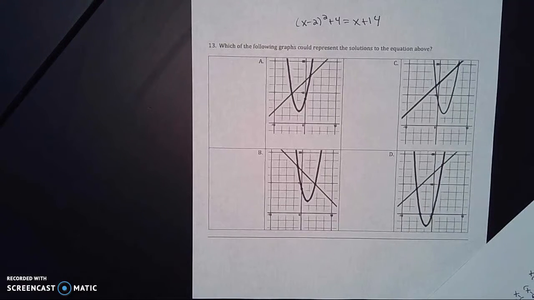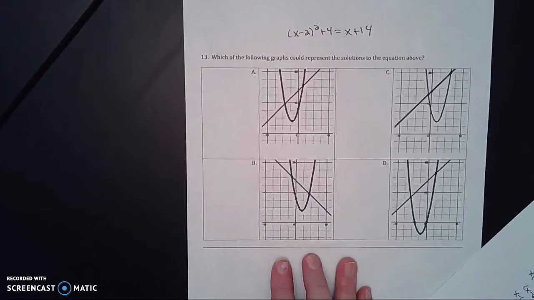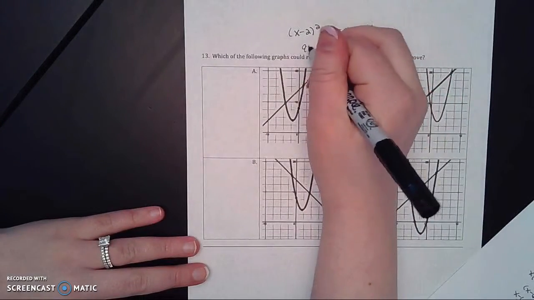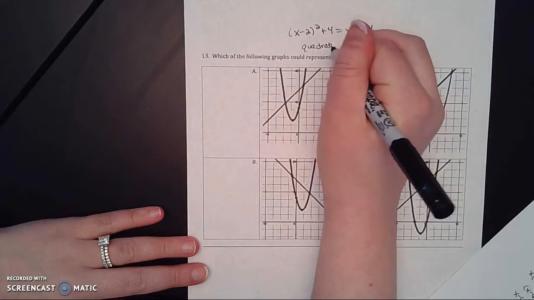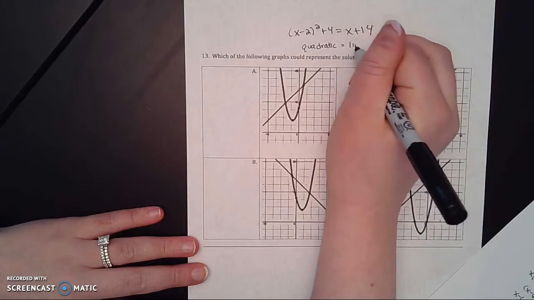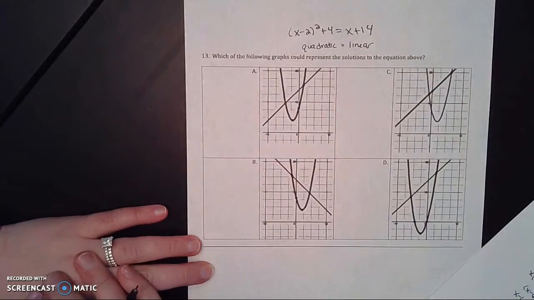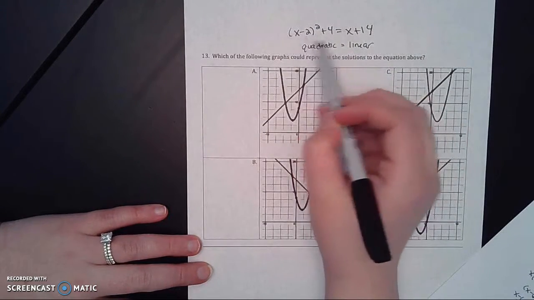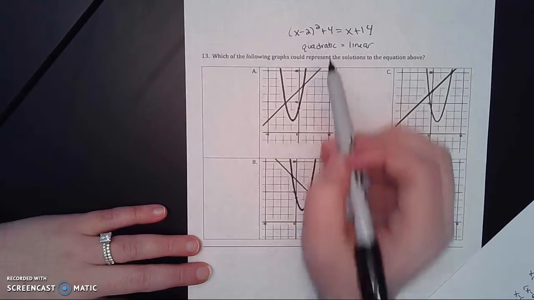The first thing I want to do is start eliminating stuff. That is going to be our easiest way to solve this. So if we look at our two equations, the one on the left is a quadratic and the one on the right is a linear equation. Okay, we see the difference, mx plus b, and then this is in vertex form, so it's quadratic.